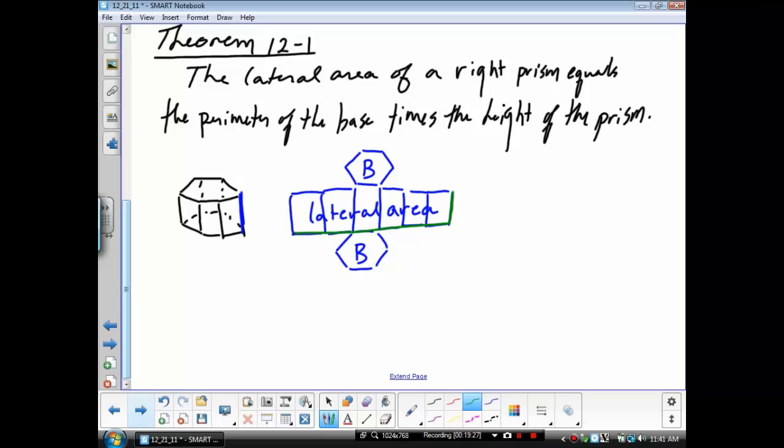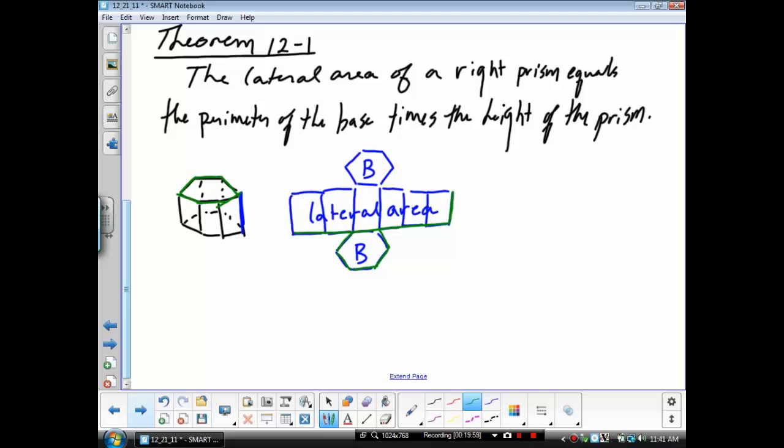The 2 dimensions of the lateral area are the base of the rectangle and the height of the rectangle. How would I find the length of the base of the rectangle? Well, that is in fact the distance around this hexagon, because those are in fact going to be wrapped around that hexagon.